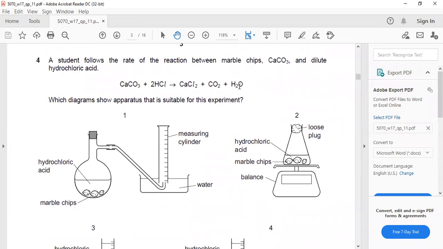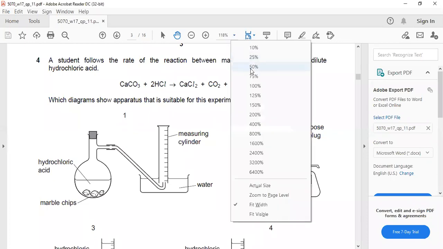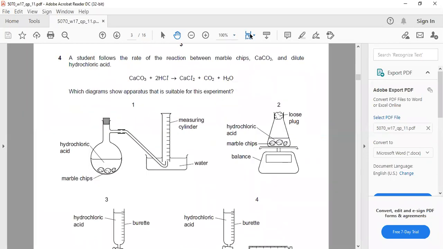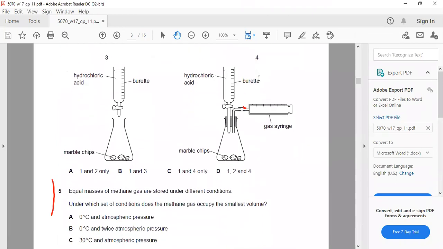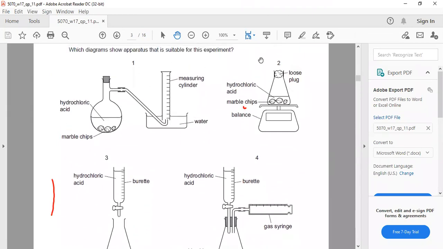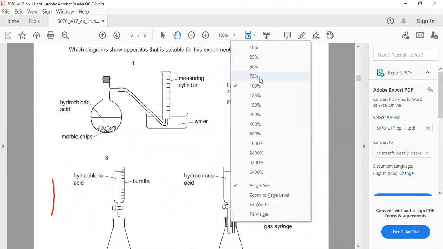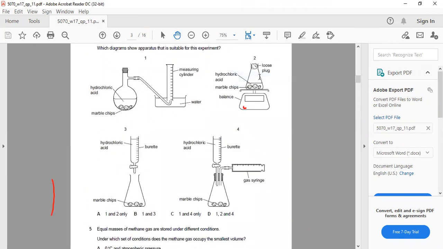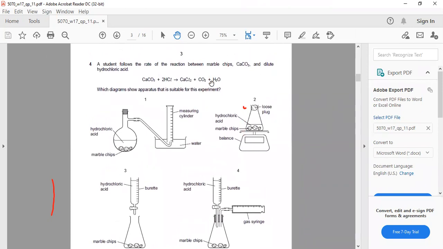Number four is about rate of reaction. Which diagram is suitable for the experiment to find the rate of reaction?